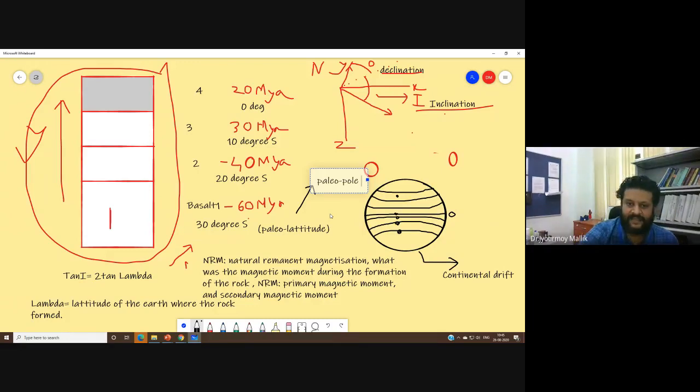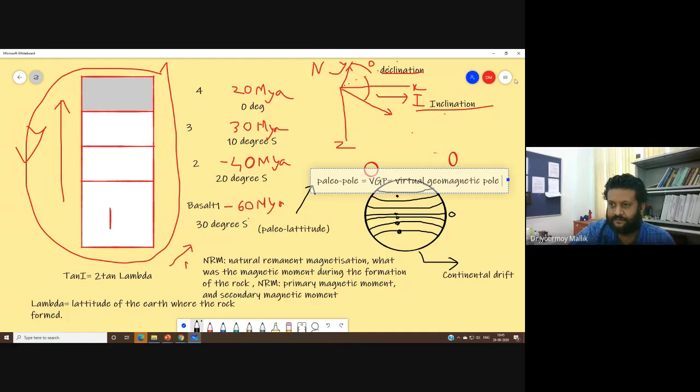Similarly, you can calculate for basalt 2, basalt 3, and basalt 4. This paleo pole is also called VGP, the virtual geomagnetic pole. From the paleolatitude, you can calculate the position of the geomagnetic pole, and this is what we call the virtual geomagnetic pole.